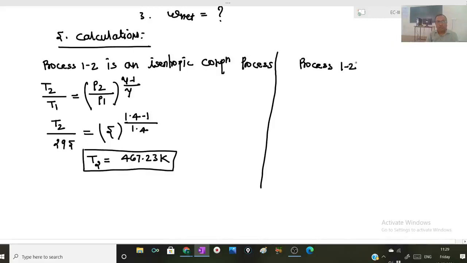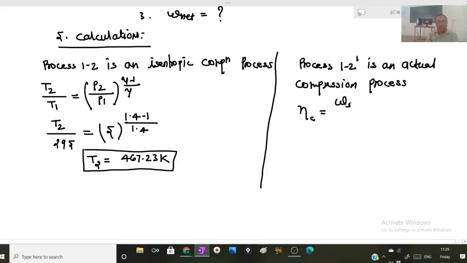Process 1 to 2 dash is an actual compression process. So here isentropic efficiency will come into picture, and it is W isentropic upon W actual.